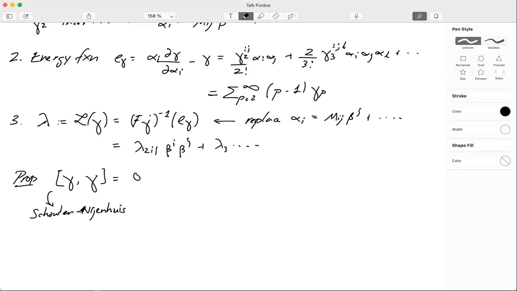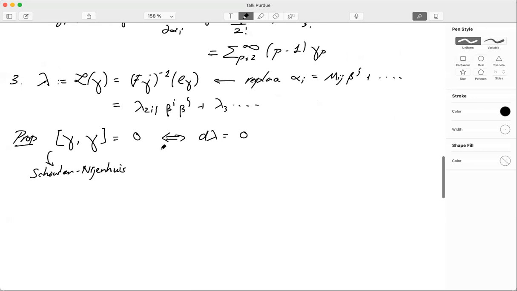This is some bracket that exists on the polyvector fields and that generalizes the bracket on vector fields. So this gamma satisfies the condition if and only if the form lambda is closed. Right? So this transform maps between integrable polyvector fields and closed forms on the other side.